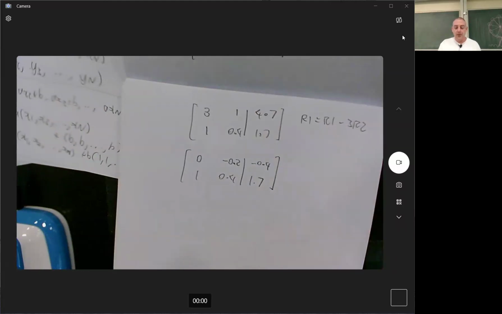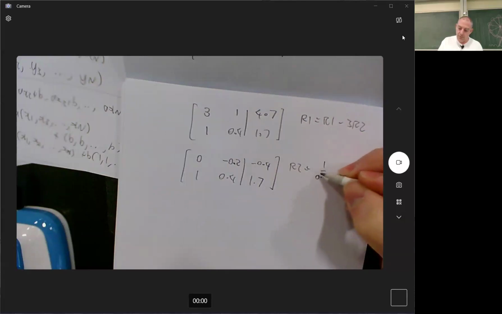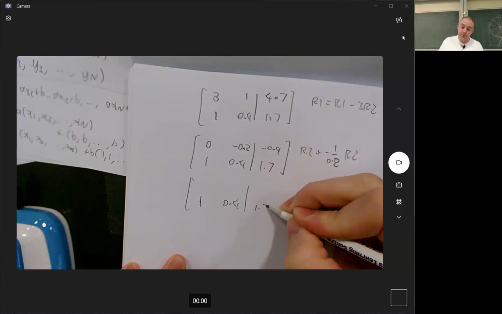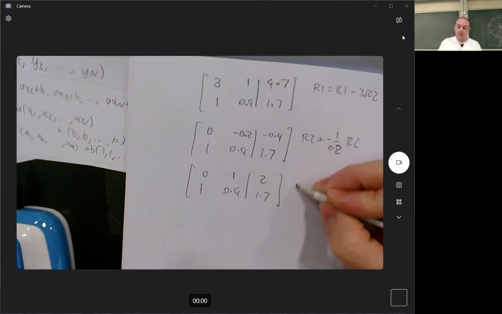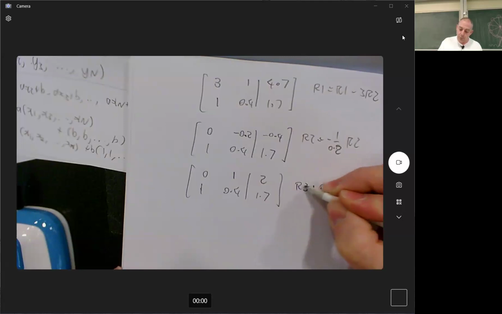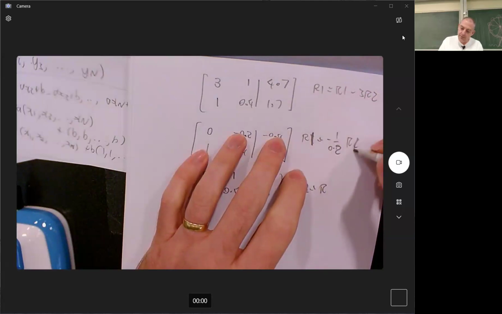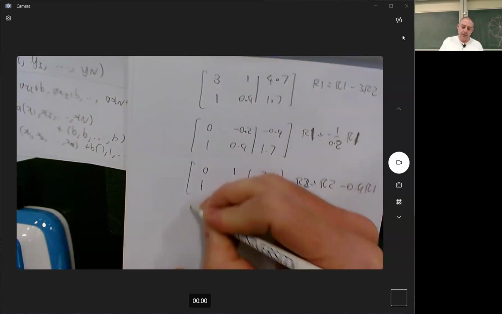Cool. And then I'll have to do row 2 is minus a 0.2 of row 2. It's actually turning out a lot better than I thought it would. 0, 1, 2. And then row 2 is row 2 minus 0.4 of row 1.